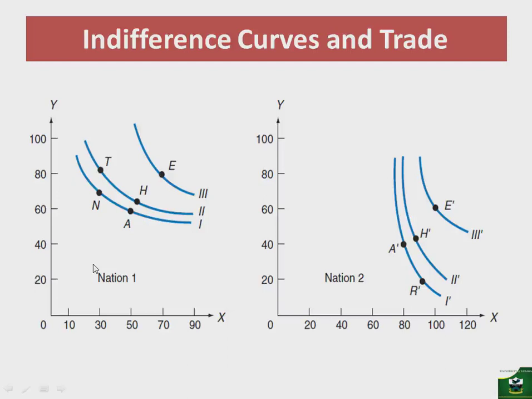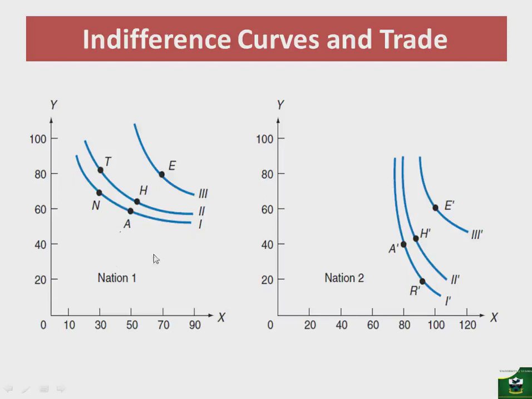We also looked at the slope, that the slope of the indifference curve is downward or negative, which shows that we are moving from top left to bottom right. And this tells us about the diminishing marginal rate of substitution, and that they are convex to show that the more you are moving down the curve, the less willing you will be to give up units of Y. In other words, the more you are moving down the curve towards the horizontal axis, the more useful the commodity Y will be.